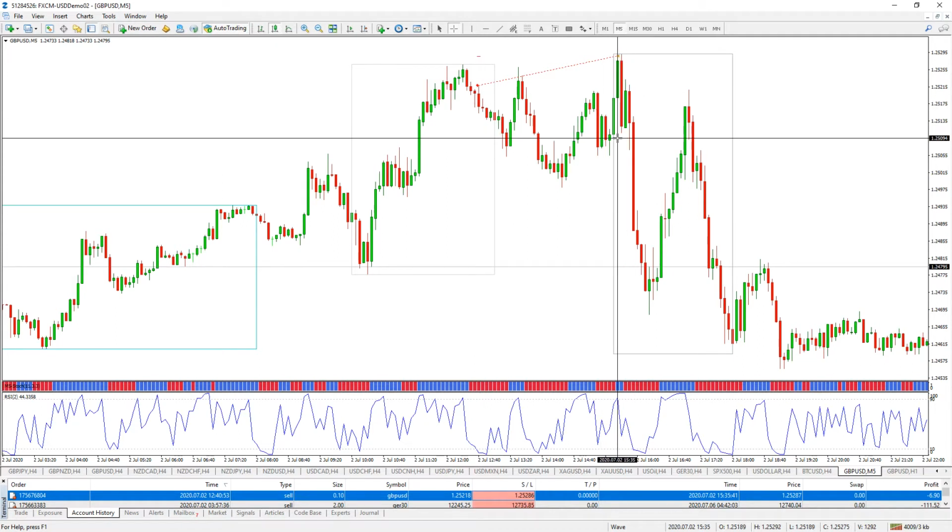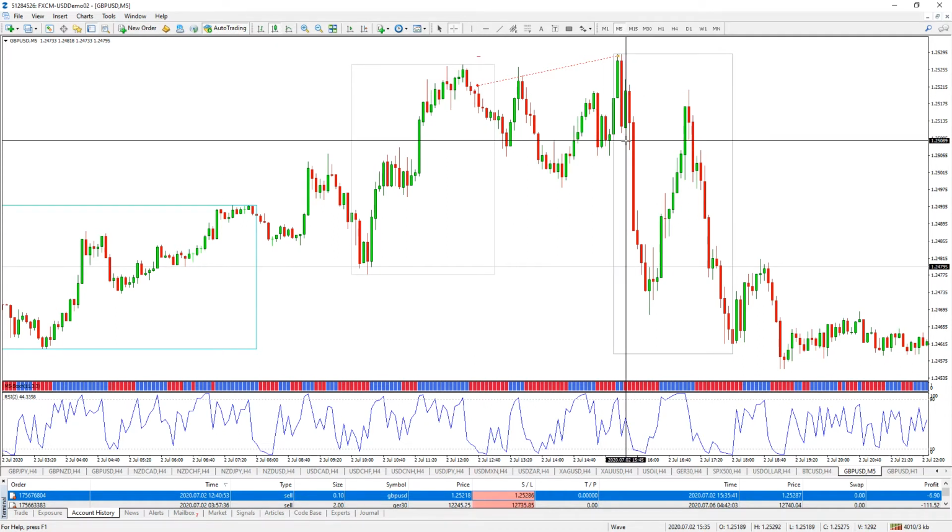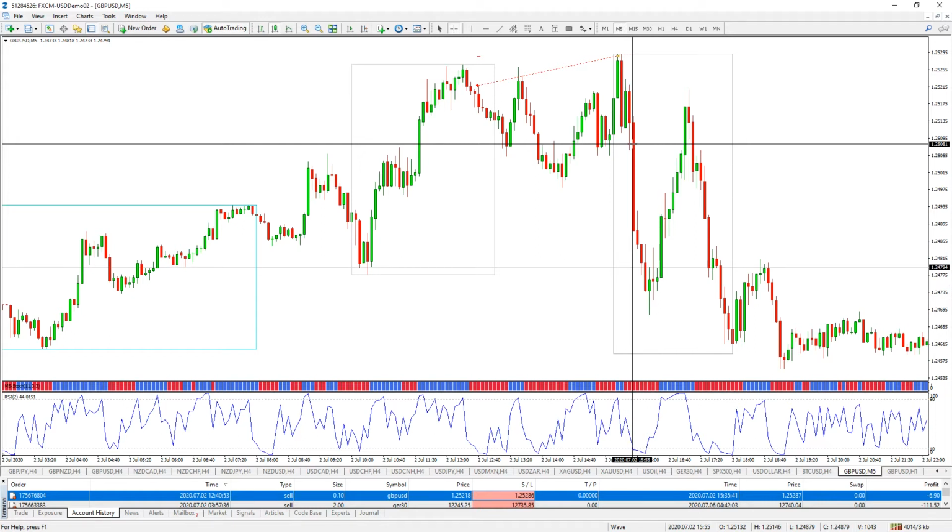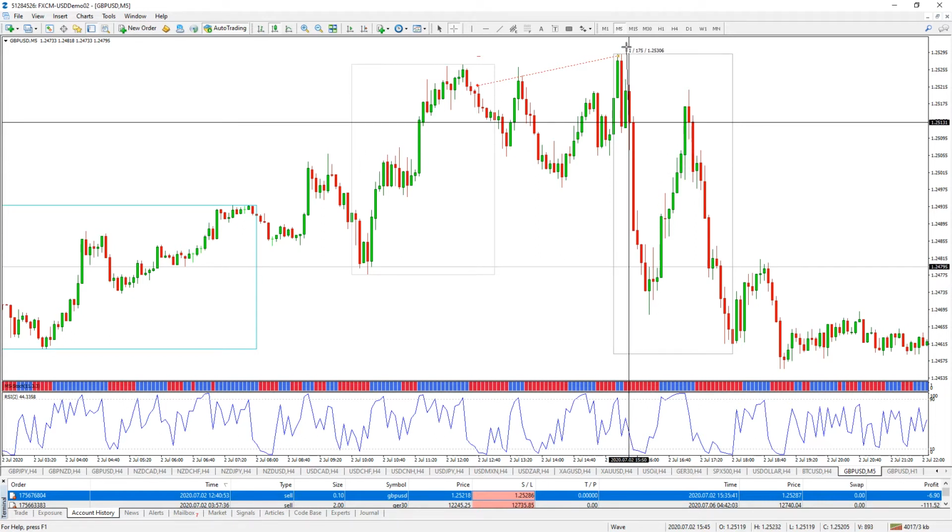If you were to do the New York session, you would have taken it right over here. So this is 17 pips, and stops for pound USD usually I take a 25 pip stop, and for euro about 20 pips. Pound usually has a bit higher range.